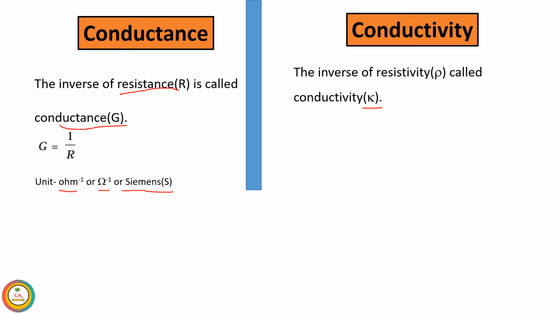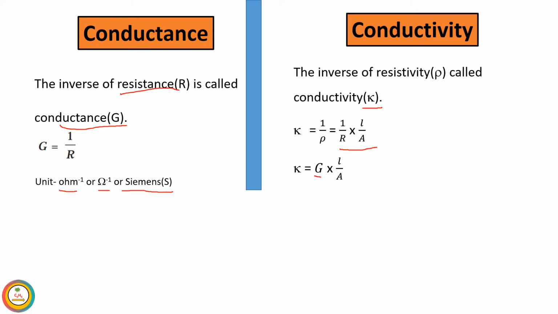So according to the definition, the formula for conductivity is kappa equals 1 upon rho. Placing the value of rho in this equation, we get kappa equals 1 upon R into L by A, and 1 upon R, we know, is G.